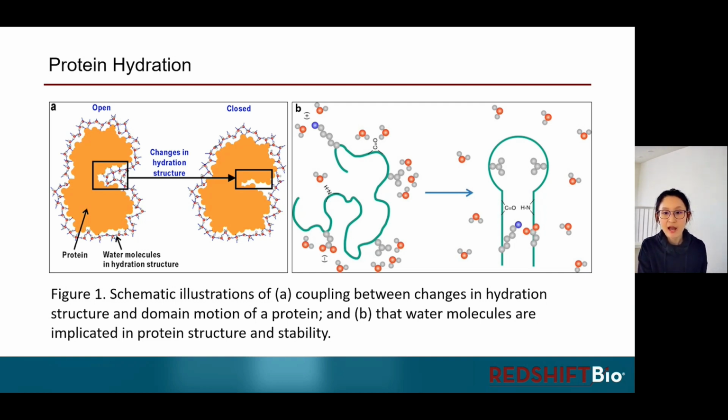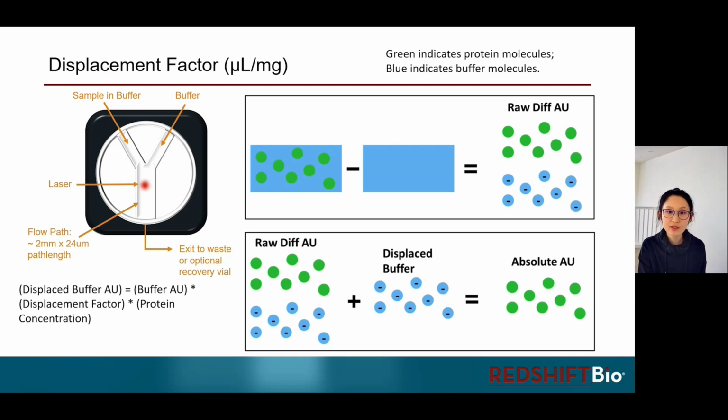It illustrates how protein hydration plays an important role in defining the structure of the protein and affecting its structural stability.